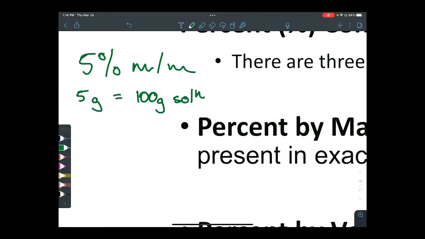Do you have to memorize that? Kind of. Because this would be different if I said you have something that's 5% mass by volume. Then this equality changes. It's still 5 grams of solute, but it's equal to not 100 grams of solution, but instead 100 milliliters of solution, because you have a volume unit here instead.